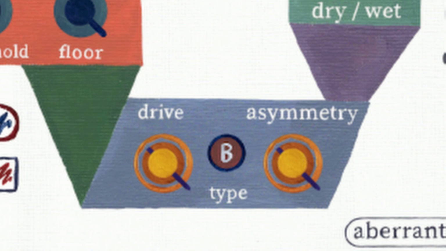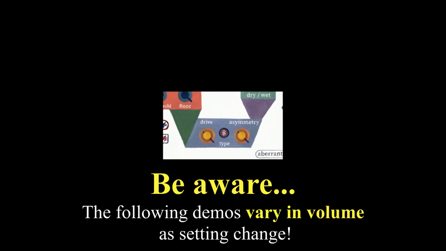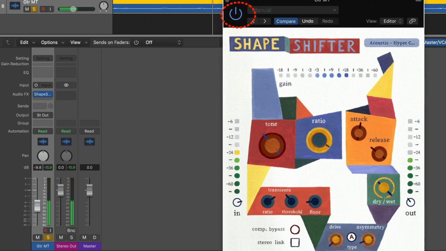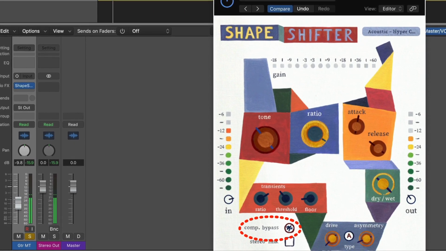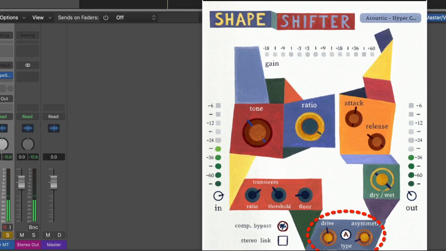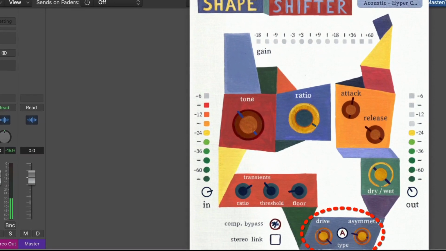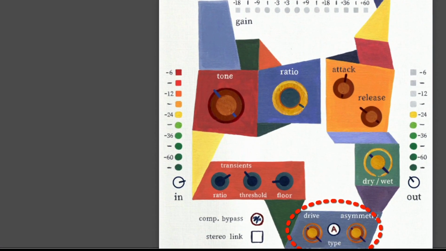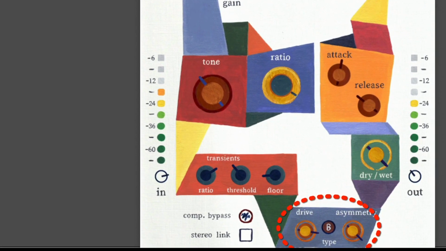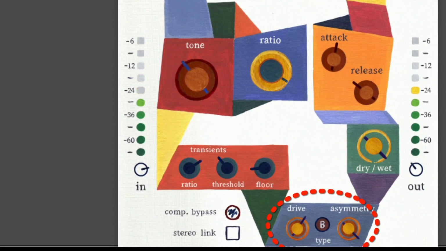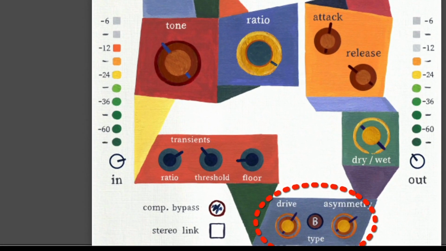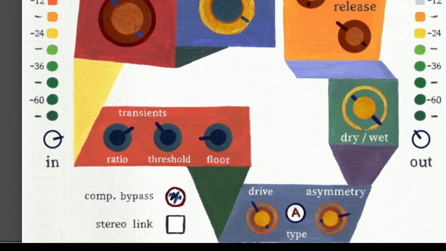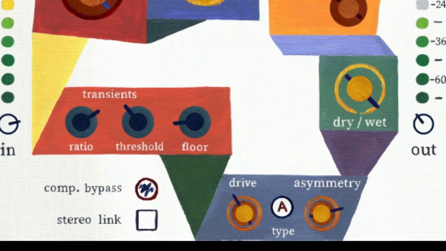Selecting drive type A or type B can conjure fuzzy, overdriven distortions that offer plenty of options while processing guitar. Or bass.